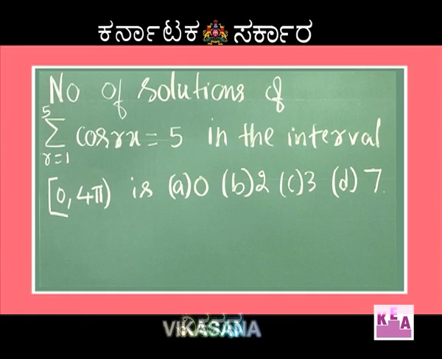Look at the question, dear students. Number of solutions of summation r is equal to 1 to 5, cos rx is equal to 5 in the interval closed 0 to open 4 pi is. Option A 0, option B 2, option C 3 and option D is 7. Do you agree with me, dear students?